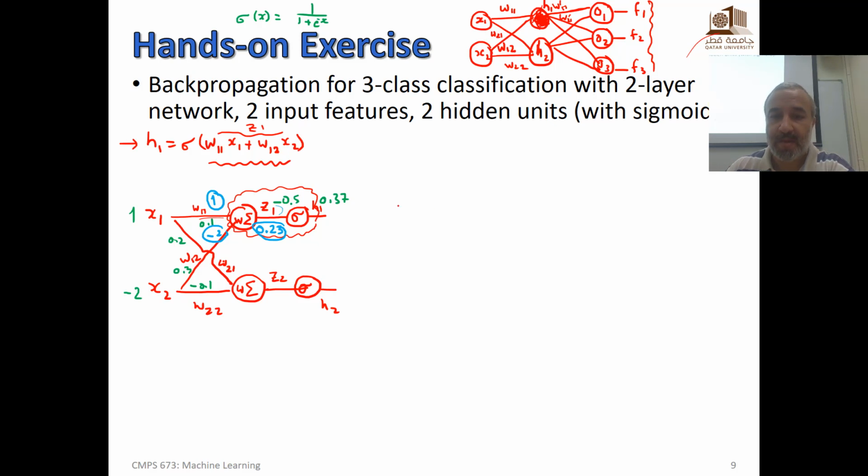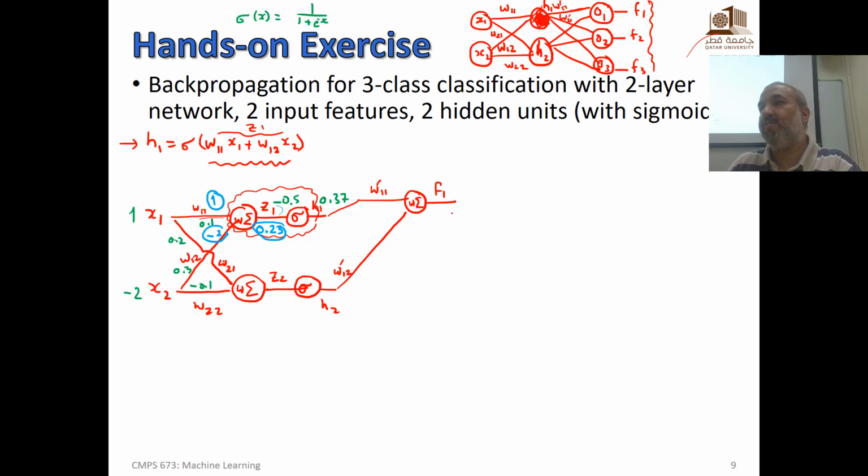Weighted sum from where? So let's say that this is the weighted sum for F1. What's the input to it? H1 times W11 prime, and then from H2, this is W12 prime, right?